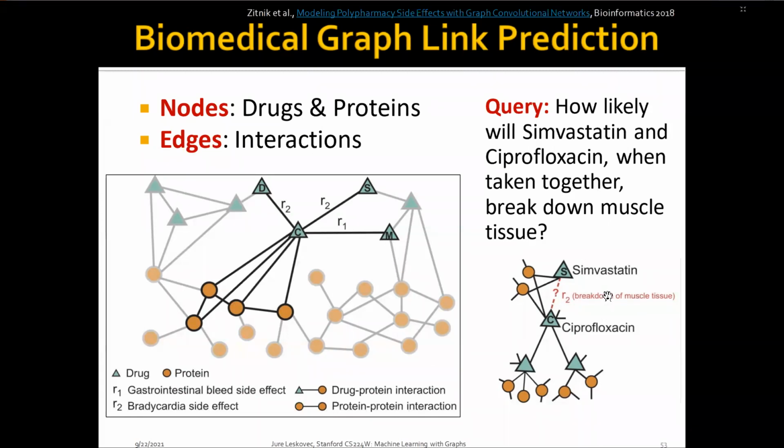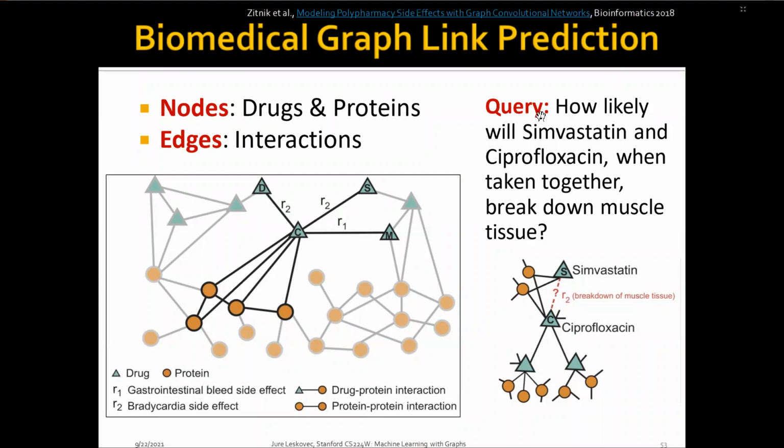And then what they're trying to predict is the edge labels between these two drugs. So when you take drug C and D together, what is the side effect when you take them two together?